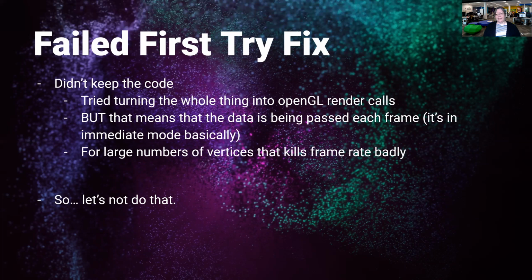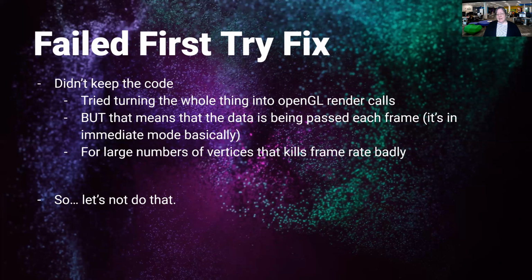I went to fix this, and so you hit Google search on this and you say, how do I fix drawing lots of lines? And it says, use OpenGL, at least some of the solutions do. That actually causes some problems because apparently when you use OpenGL render calls, it puts it into immediate mode, which means that it's redoing it every single frame, which is problematic because it drops the frame rate tremendously.